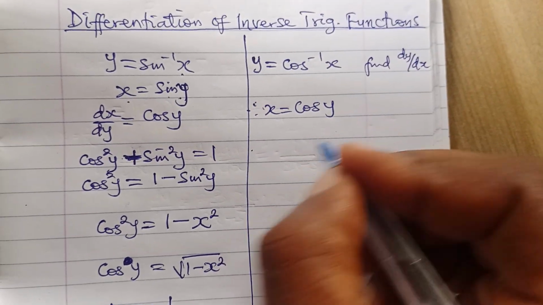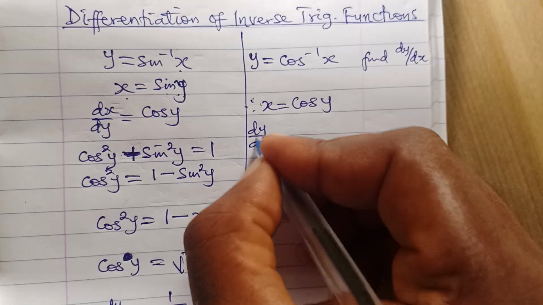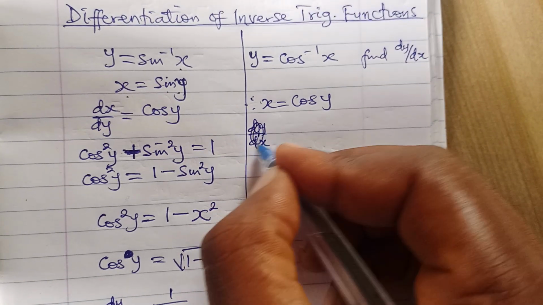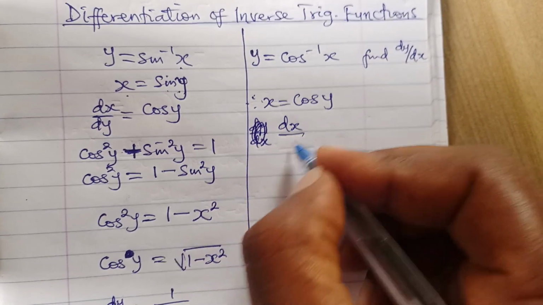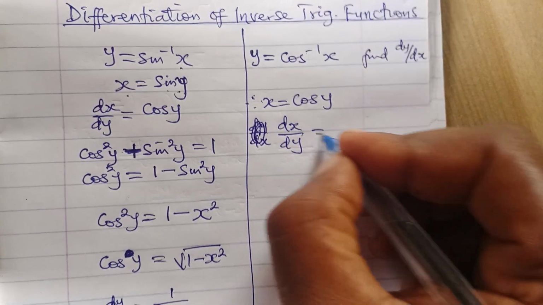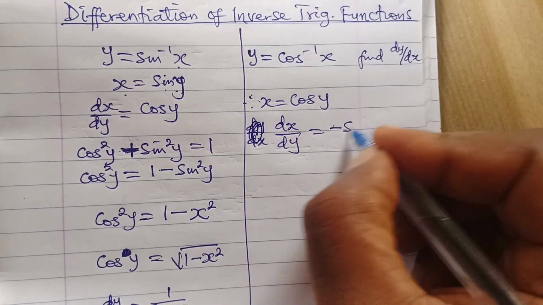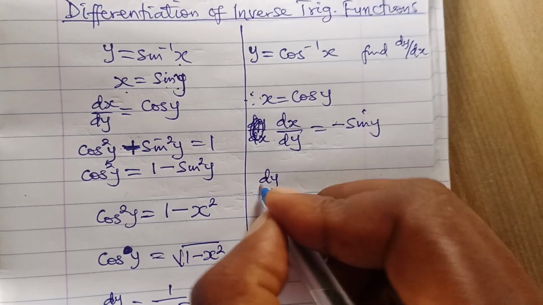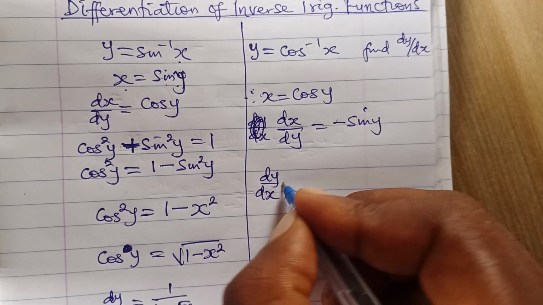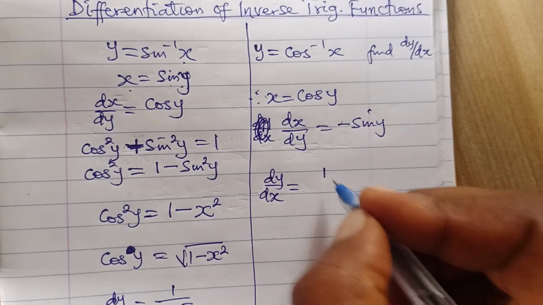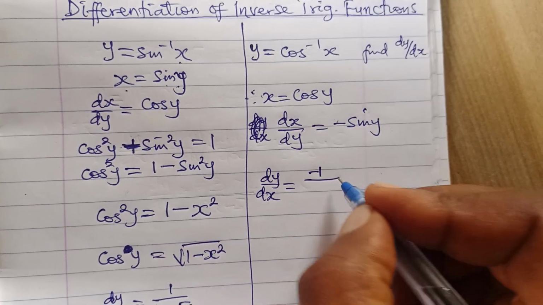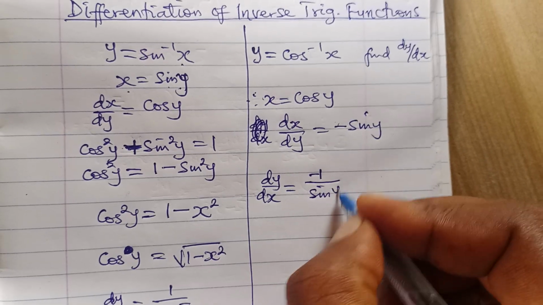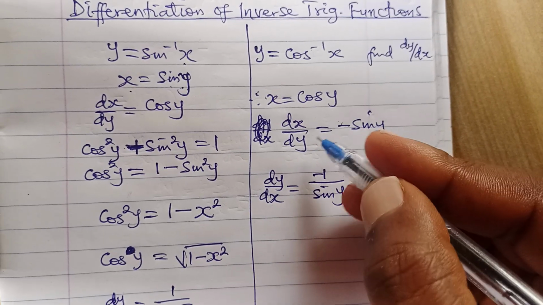If x is equal to cos y, then first of all, let's differentiate x with respect to y. If we differentiate that, we're going to get negative sine y. So dy/dx will now be negative 1 over sine y, because of the inverse.